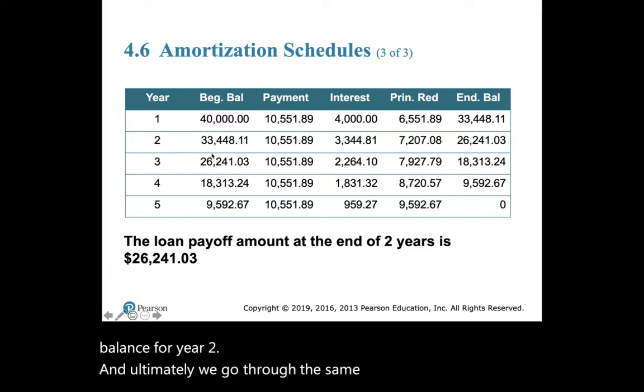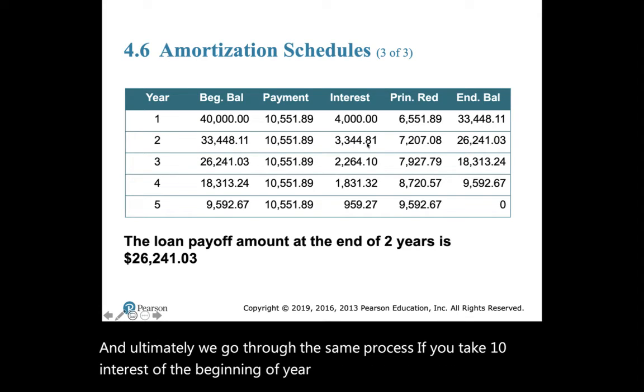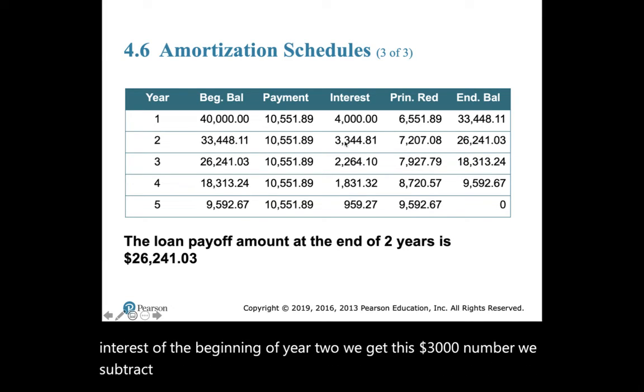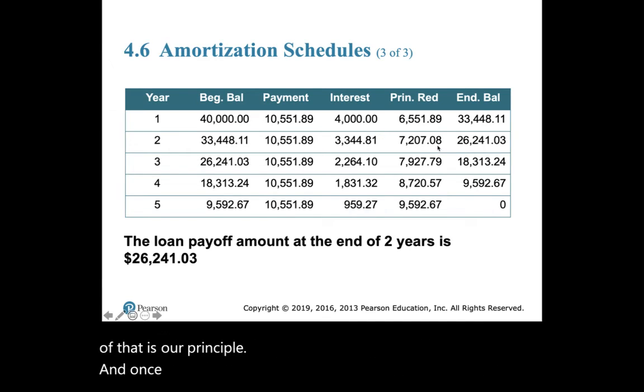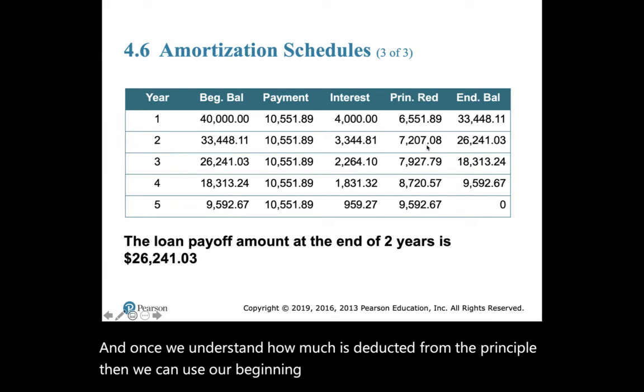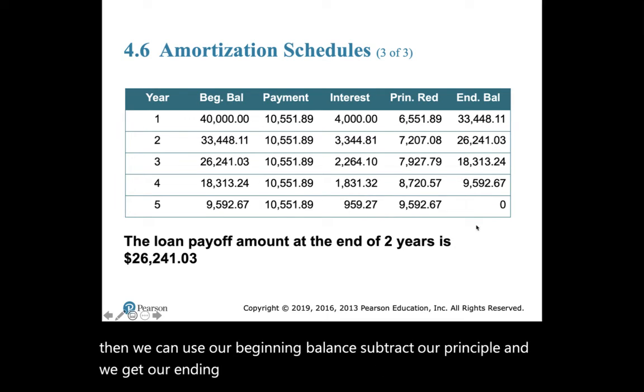If you take 10% interest of the beginning balance of year 2, we get this $3,000 number. We subtract that from the payment, okay, again, to identify how much of that is our principal. And once we understand how much is deducted from the principal, then we can use our beginning balance, subtract our principal, and we get our ending balance. And we can continue to go down until we get that zero balance, okay?